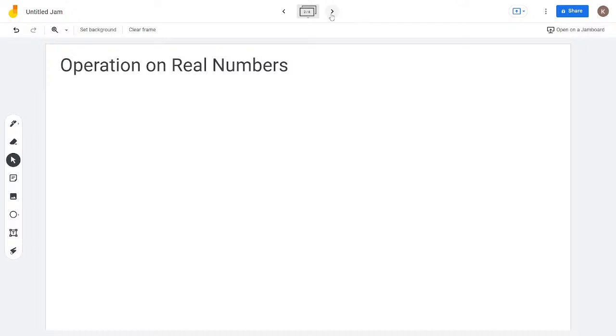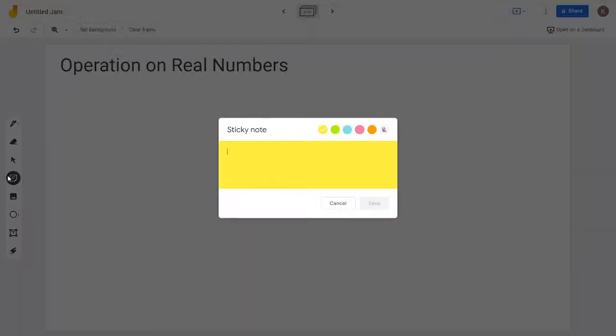Basically, you have learned in your earlier classes that rational numbers satisfy some properties, which are the commutative property, associative property, and the laws of addition and laws of multiplication, right? So if we add, subtract, multiply, or divide two rational numbers, we still get a rational number.